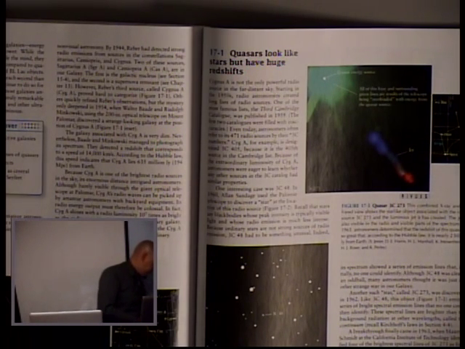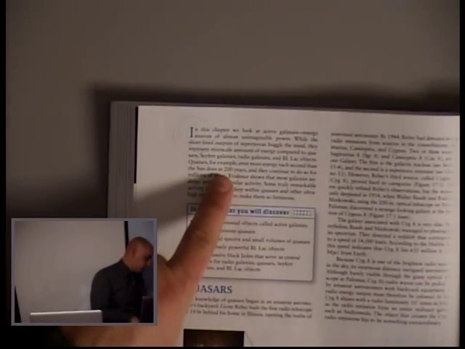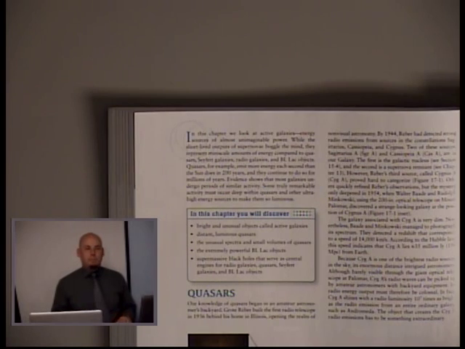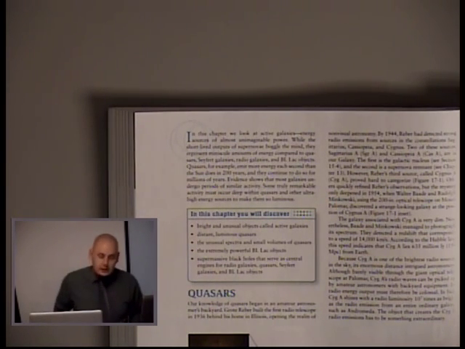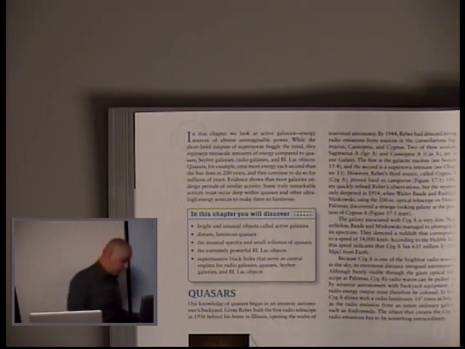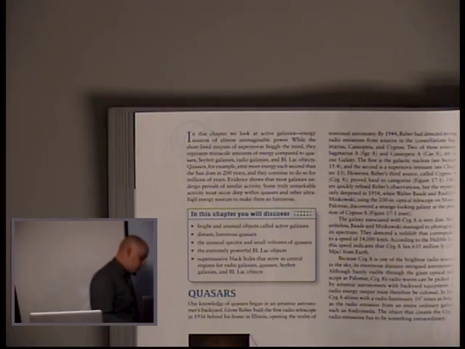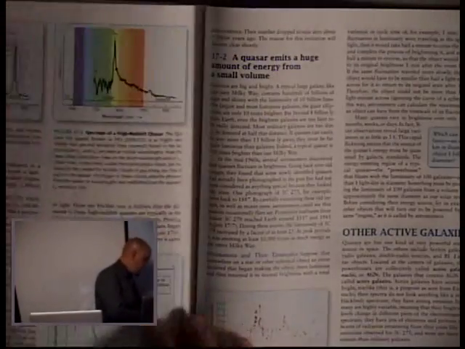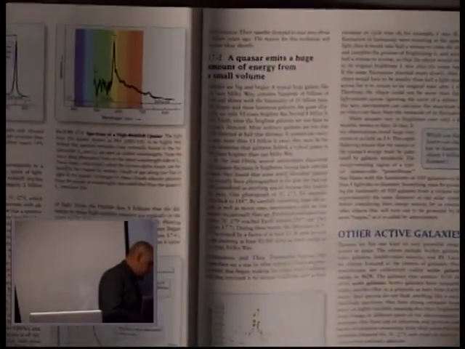For example, they talk about at the beginning of the chapter when you're doing your reading that some of these emit more energy per second than the sun does in 200 years. That is just a staggering amount of energy to be released out of any source. And so the question must be begged, how in the world is something capable of sending out such tremendous energy?